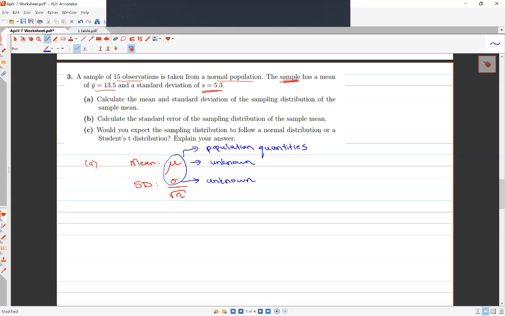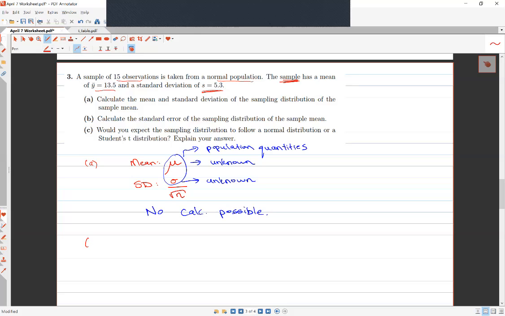So that leaves us in a spot where no calculation is possible here. If we do not know the population mean and we don't know the population standard deviation, then we can't calculate the mean and the standard deviation of the sampling distribution.